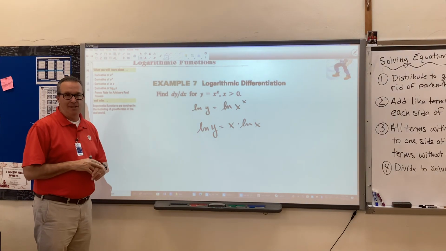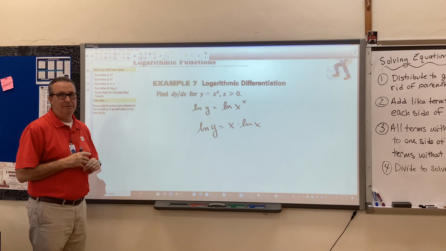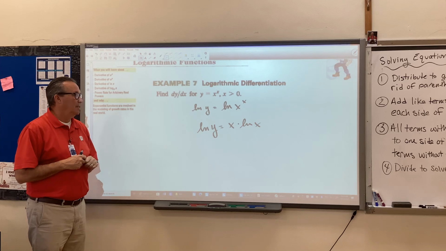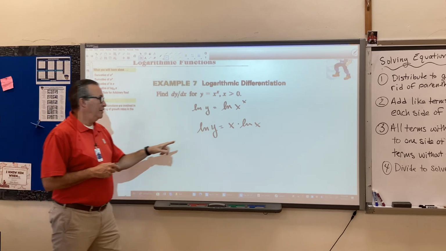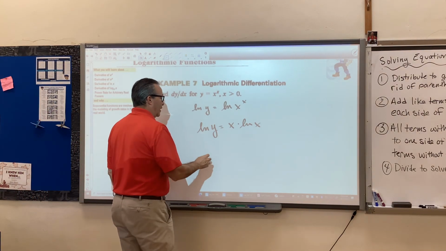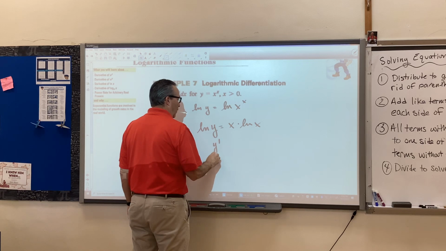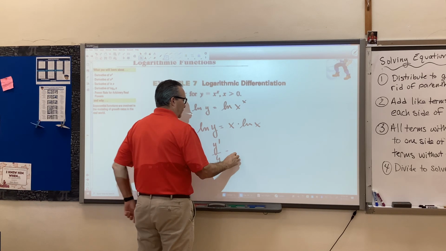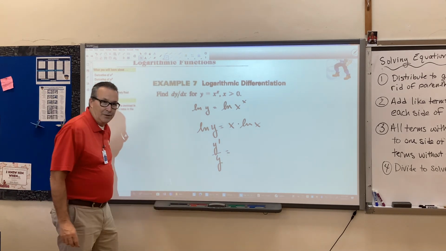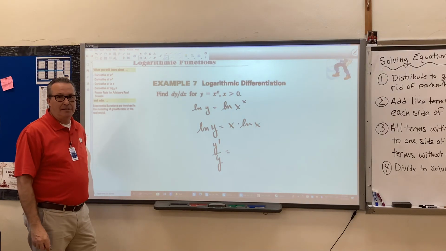Now that we have this in this form, we can take the derivative. The derivative of natural log y is y prime over y. What's the derivative of x natural log of x?